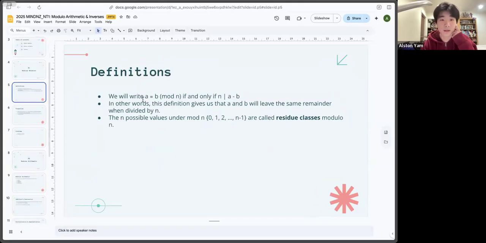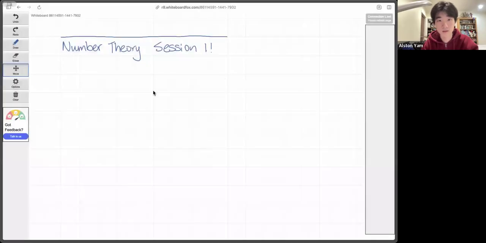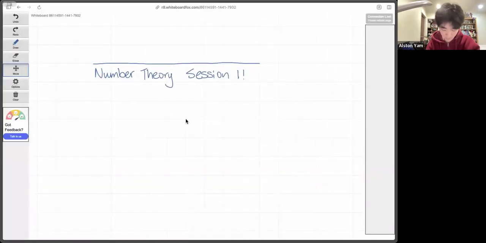So, first thing I'm going to introduce to everyone is this triple equal sign. If I switch over to my whiteboard, all right, just checking. I think my whiteboard's bugging a little bit.